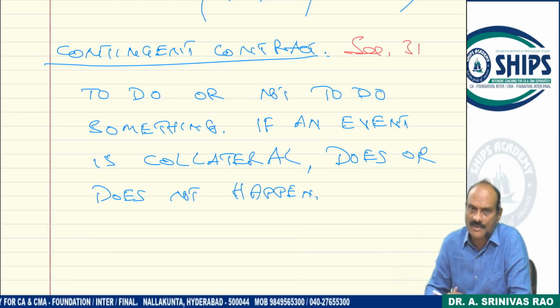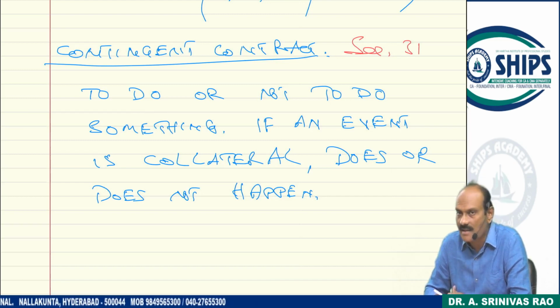This is the definition according to section 31. In a contract, to do or not to do something, if an event is collateral, does or does not happen.